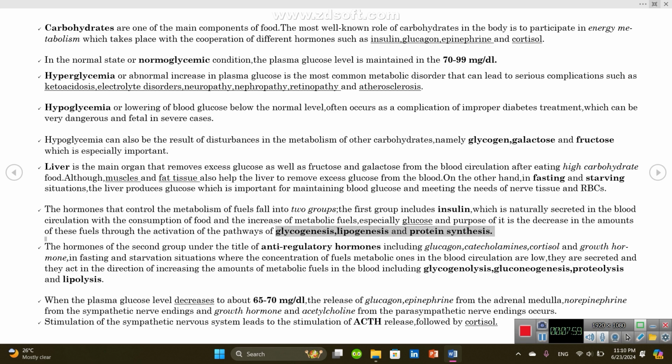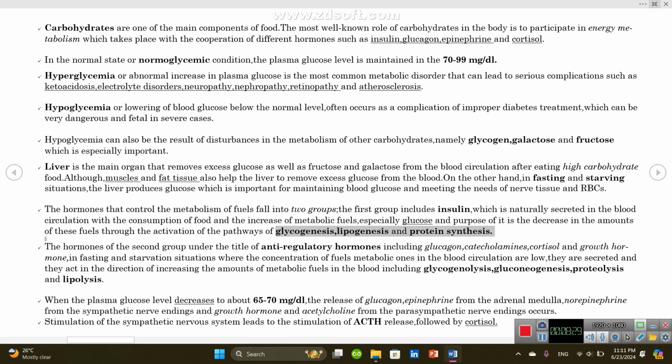Insulin consumes glucose in different pathways to reduce the amount of glucose in your bloodstream, such as glycogenesis, lipogenesis, and protein synthesis.